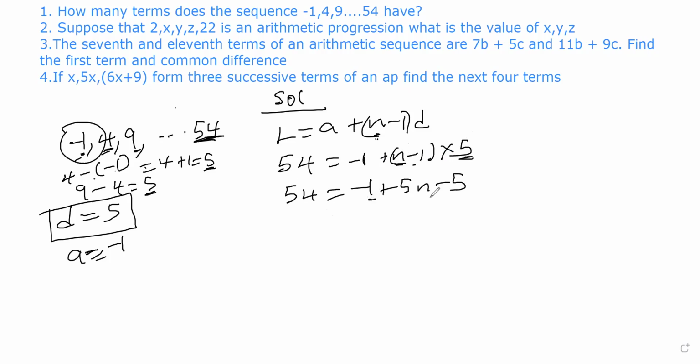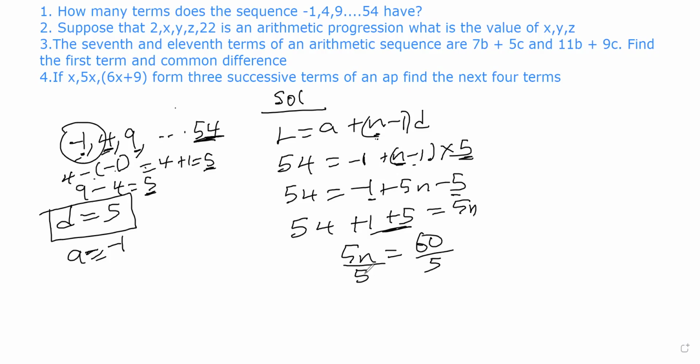Taking the -1 and the -5 to the other side, they become +1 and +5. So 5n equals 6 plus 54, which gives us 60. Dividing both sides by 5, n is 12. So there are 12 terms in this sequence.